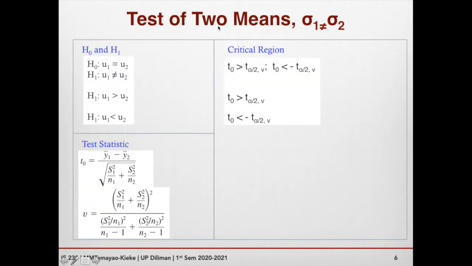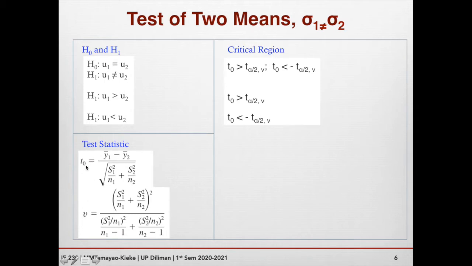So you have two means. We have a test of two means, and we have sigma 1 is not equal to sigma 2. So the test statistic here basically is T naught is equal to this expression. So observe, we are using the T distribution here, all right? And when we're using the T distribution, we have to find out the degrees of freedom.